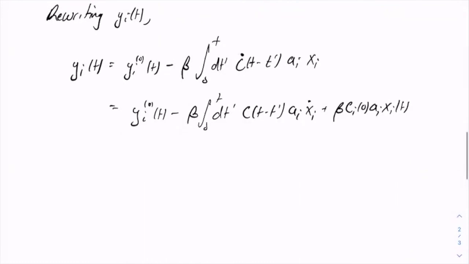So I evaluate that integration. In doing integration by parts, I evaluate that boundary term at t equal to 0 and t equal to t. The former with x equal to 0 goes to 0. The latter evaluates x at t and C at t minus t prime, therefore at 0.